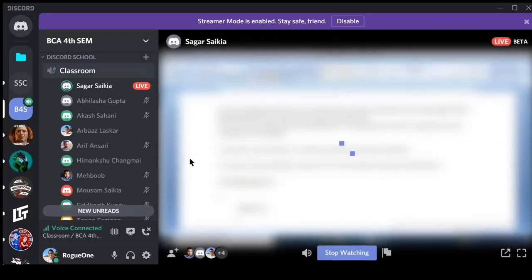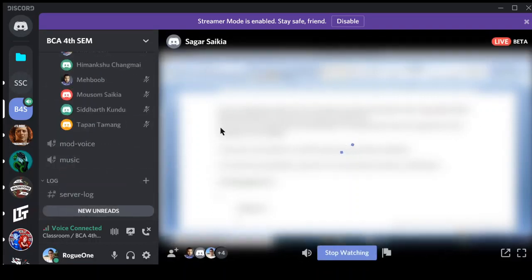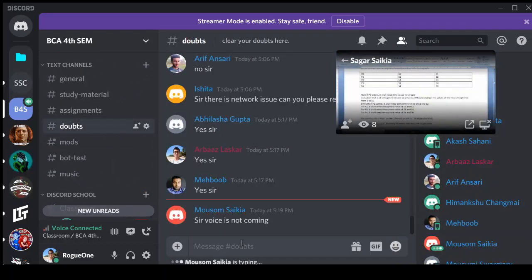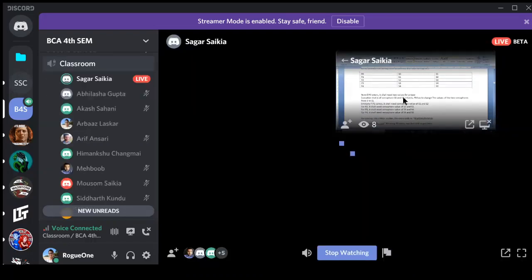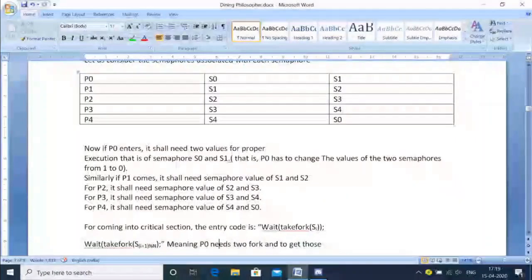So now let us say P0 enters. We know that the semaphore value initially is equal to 1, because if no process is being utilized in the critical section, its initial value is 1. So all of them will be equal to 1.